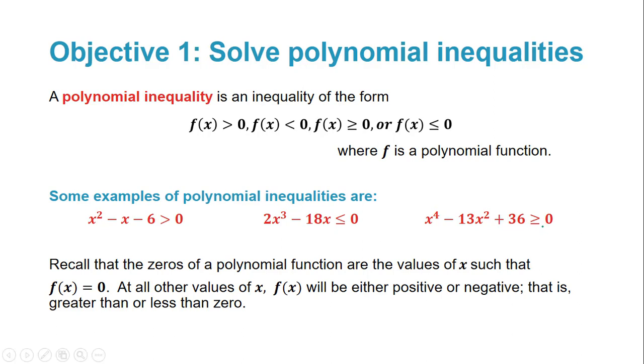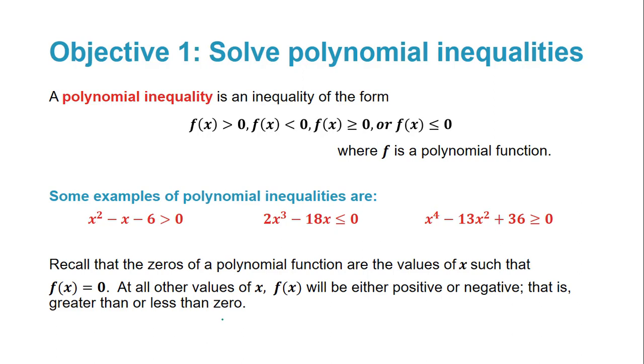So recall we've worked with these types of expressions before, but we've had them as an equation that is equal to 0. And when we solved that equation f of x equals 0, we obtained the values of x that make that polynomial function 0. That is, we found the zeros of the polynomial function.